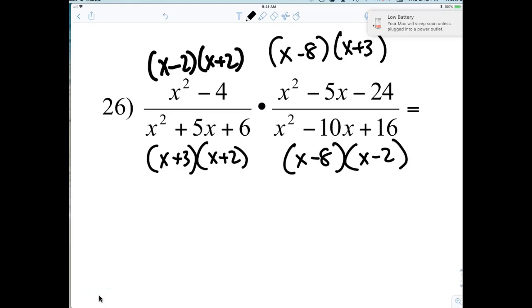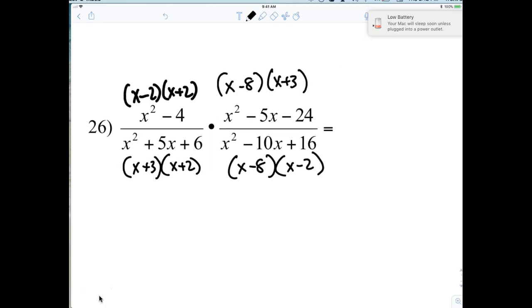Anybody have any objections to that? What happens? I got nothing. It all cancels, so it's not nothing. I mean, it's 1. Beautiful. Because you're dividing, remember, something divided by itself is always 1. Does anybody have any issues with that?